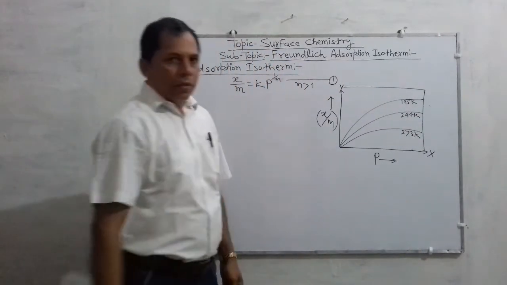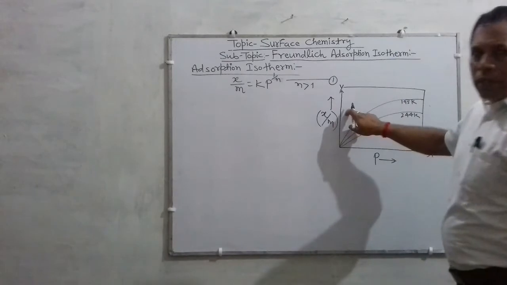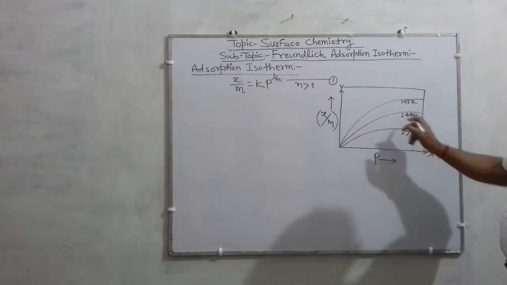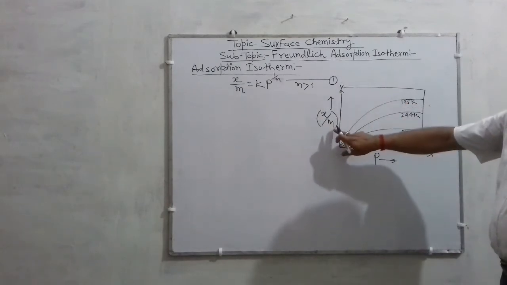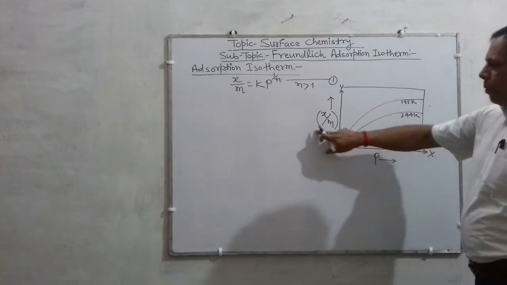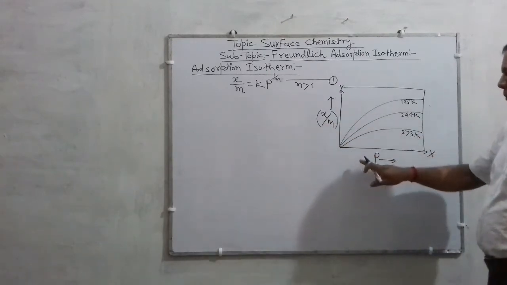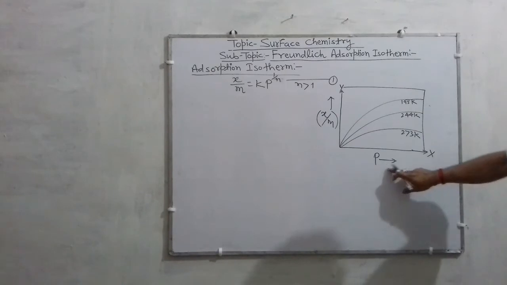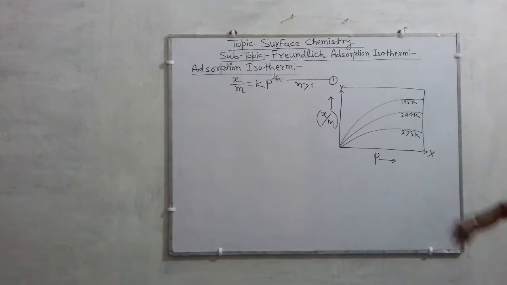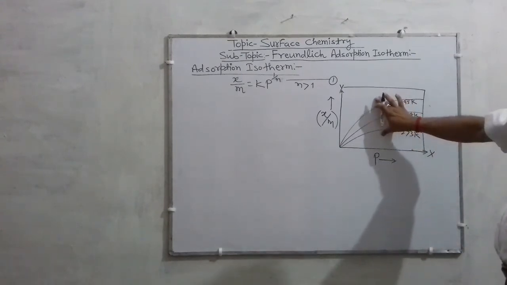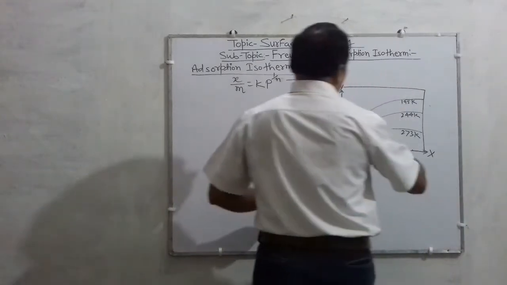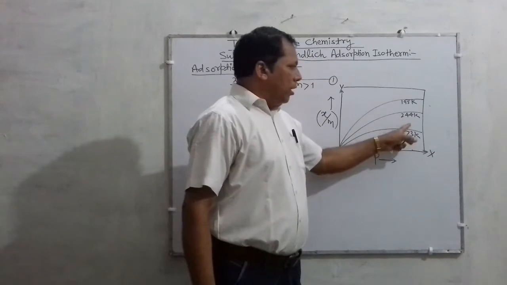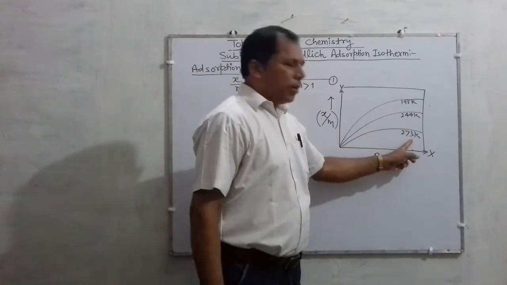So listen sincerely, children. In this obtained curve, on the y-axis the magnitude of adsorption x by m is plotted, and on the x-axis pressure is plotted. While keeping the pressure constant, this curve clearly indicates that there is a decrease in the physical adsorption with the increase of temperature.